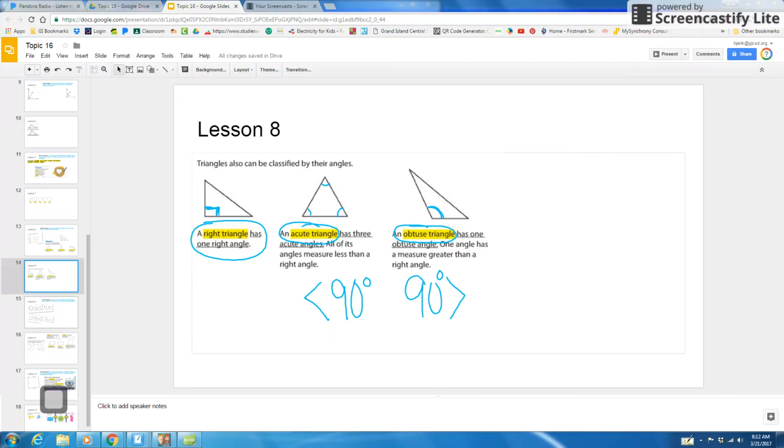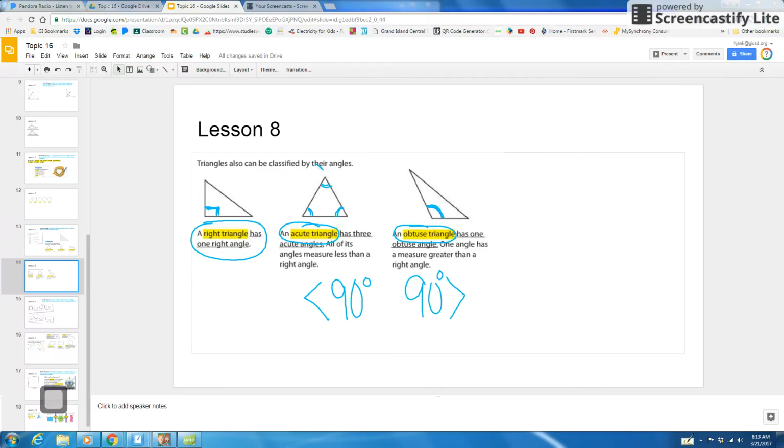It would be a pretty difficult triangle to draw if all three were obtuse angles. So that's the only difference between our acute triangle and our obtuse triangle. In acute, all three have to be less than 90 in order to classify like that. An obtuse triangle only needs to have one of its angles above 90.